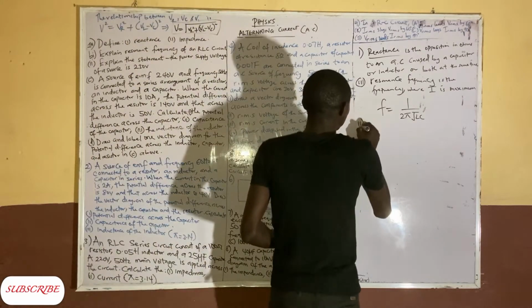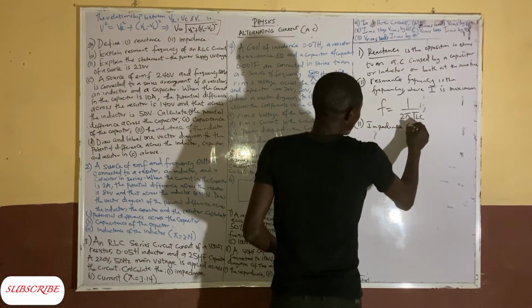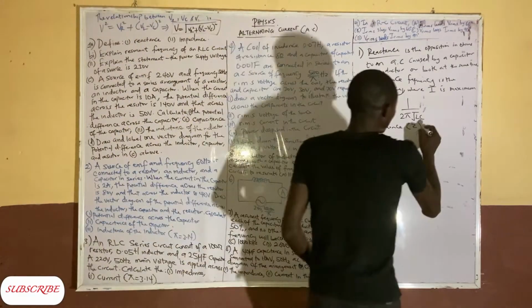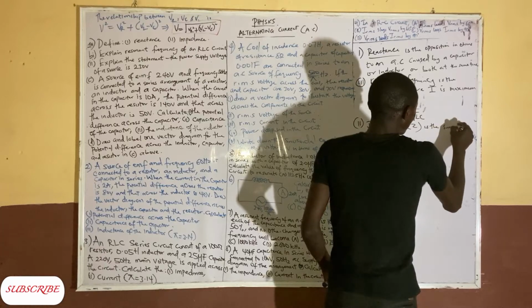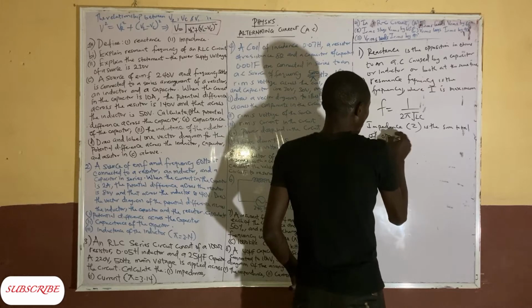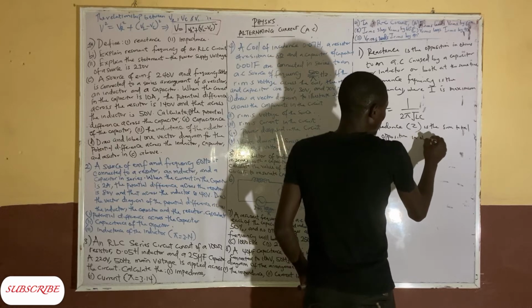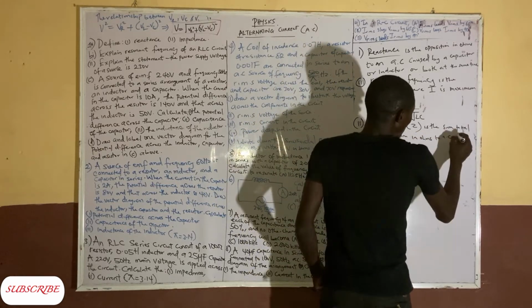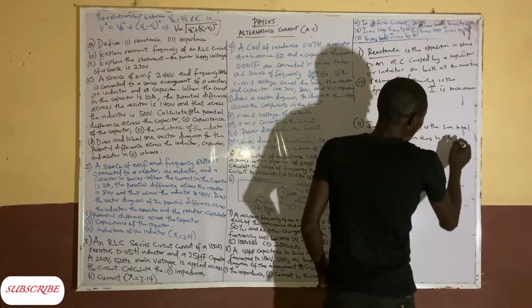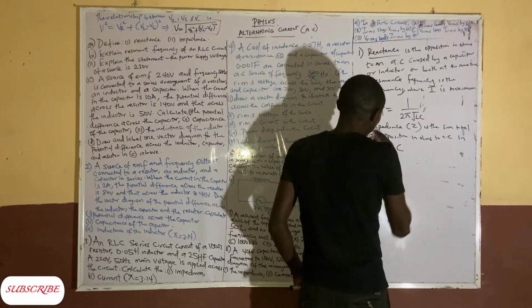Now, figure 2, we talk about impedance Z. Impedance Z is the sum total of opposition in ohms to alternating current in RLC circuits.